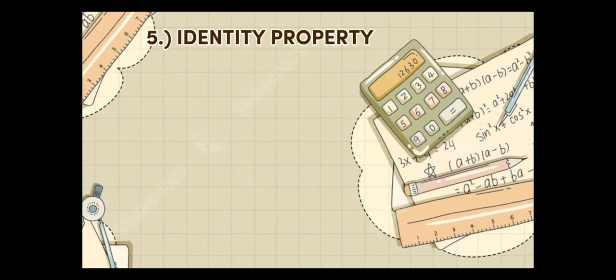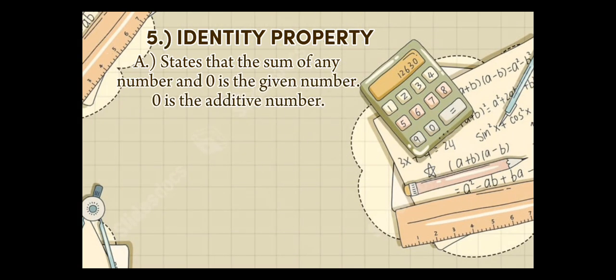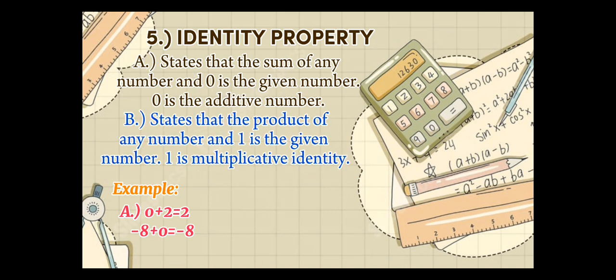Another property is identity property. It states that the sum of any number and 0 is the given number, and 0 is the additive identity. For example, 0 plus 2 is equal to 2 and negative 8 plus 0 is equal to negative 8. As you can see in this example, any number that is added to 0, the answer is the given number. Another one, identity property states that the product of any number and 1 is the given number, and 1 is the multiplicative identity.